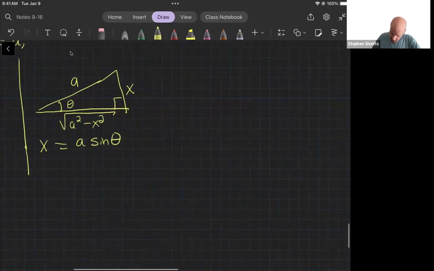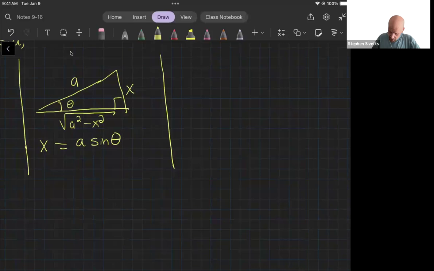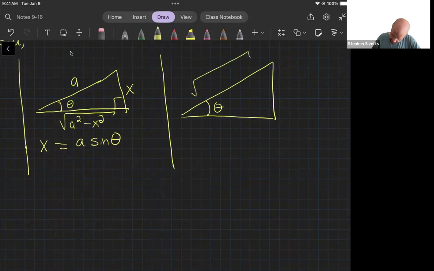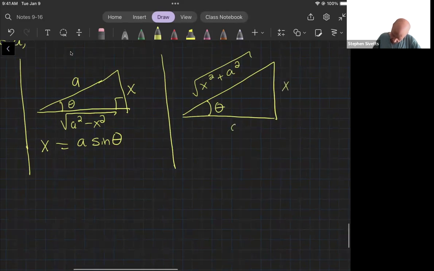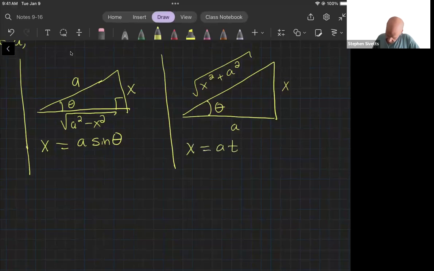And also for the third type, third relationship, let me go back to my examples. Yes, the third type is this one. X is equal to a times tangent of theta, right?